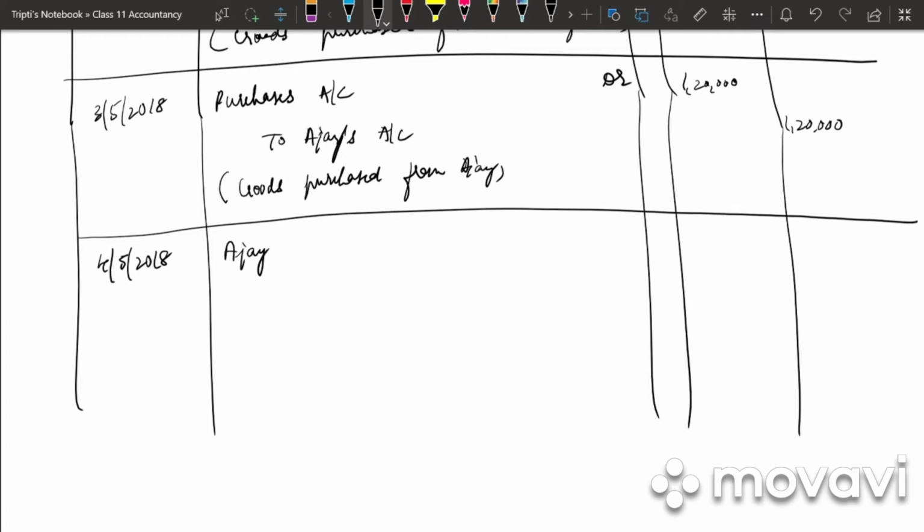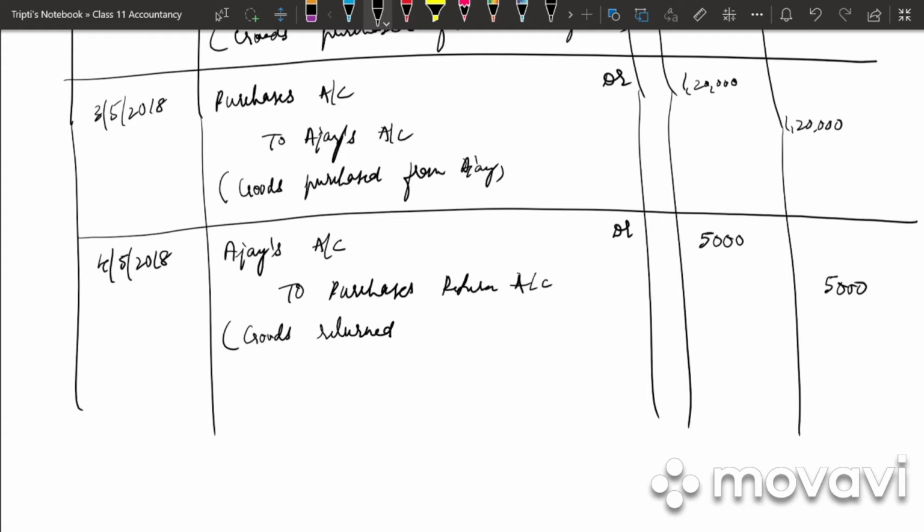So who is the receiver of goods? Ajay. So we debit Ajay's account, debited to purchases return account. How much is it? 5,000 debit and 5,000 credit. Write down the narration. Goods returned to Ajay.